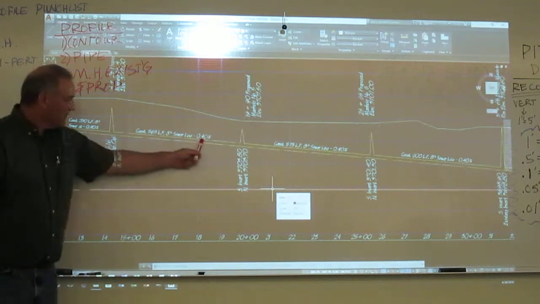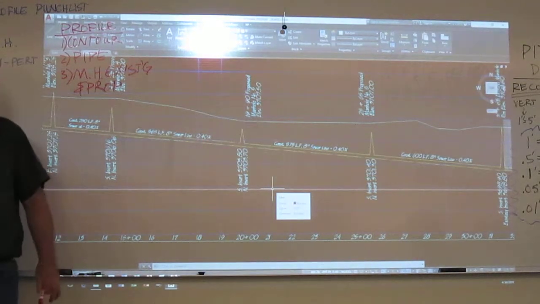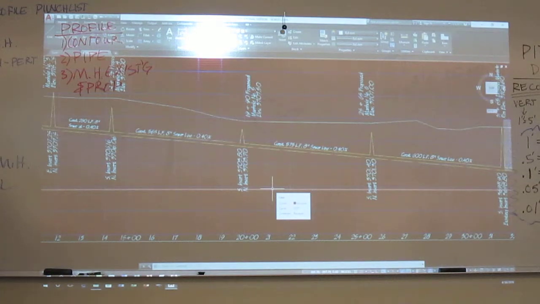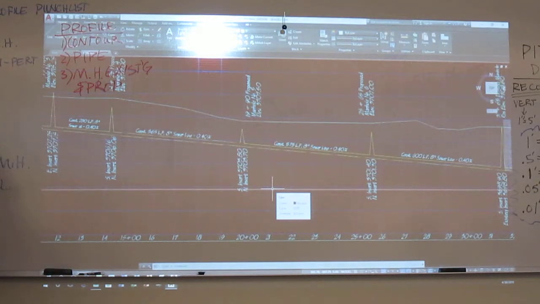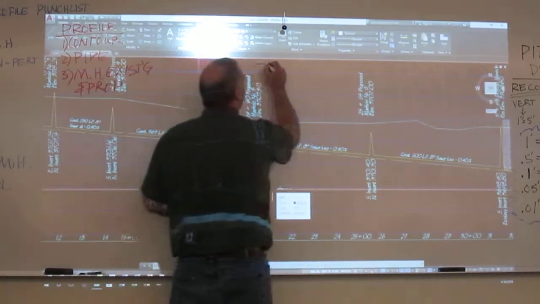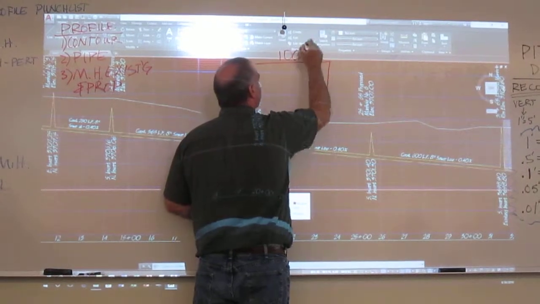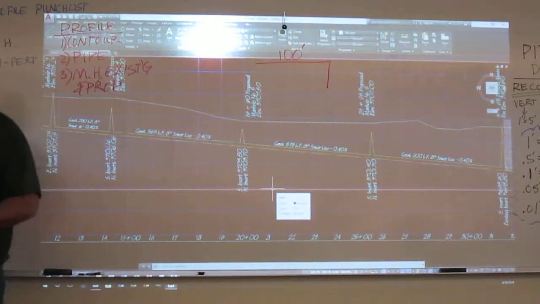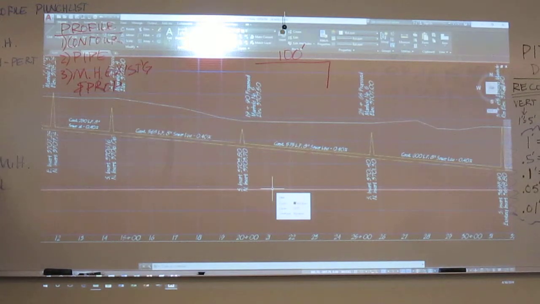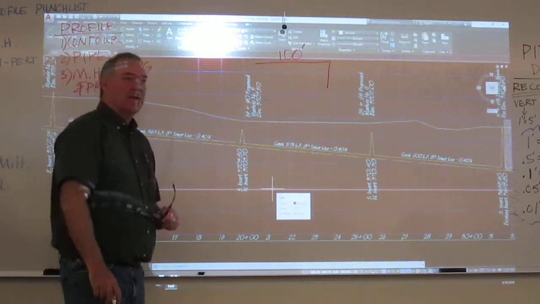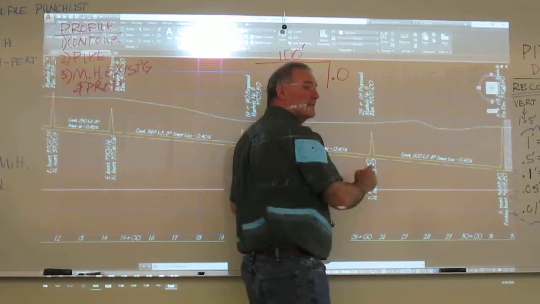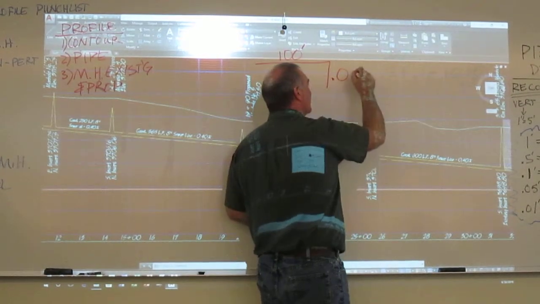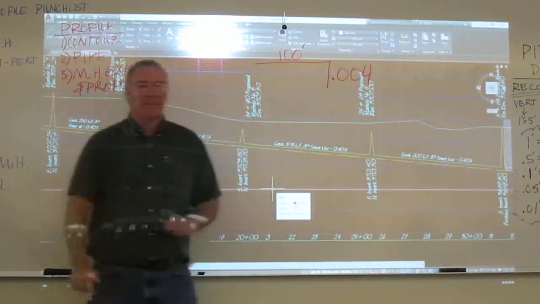Look at the sewer line slope, 0.4. Is that 0.4 rise over run, or what is that? 0.4%, right? So what does that mean? That means for every 100 feet, this thing's going to drop how much? 0.004.